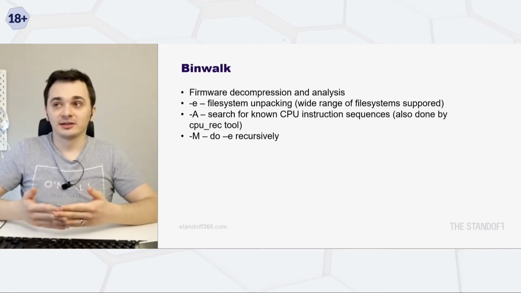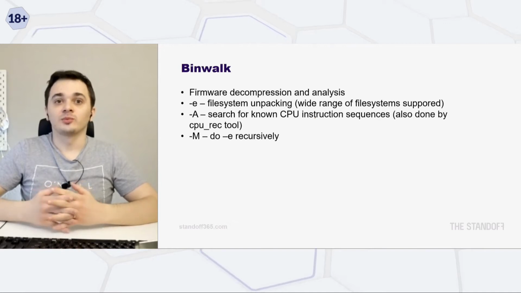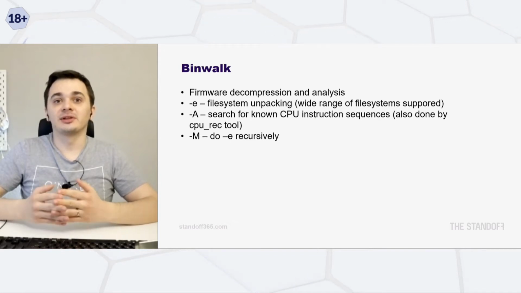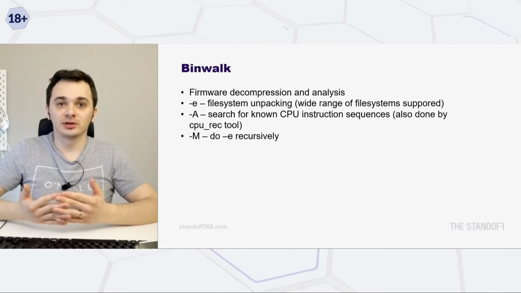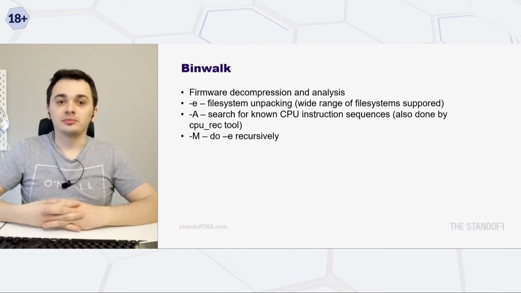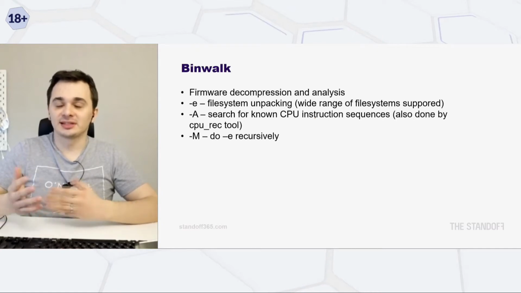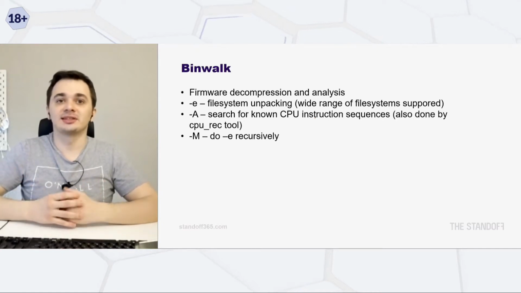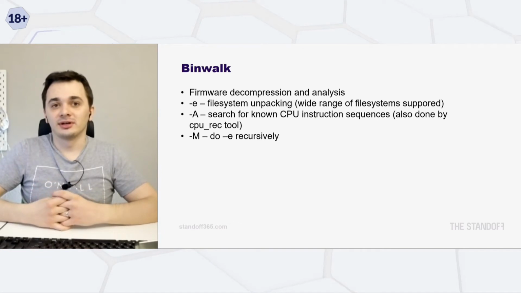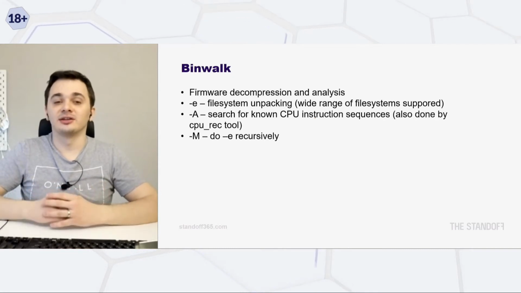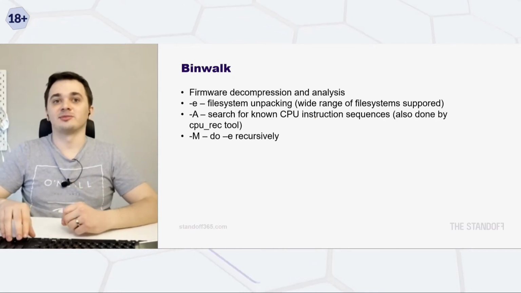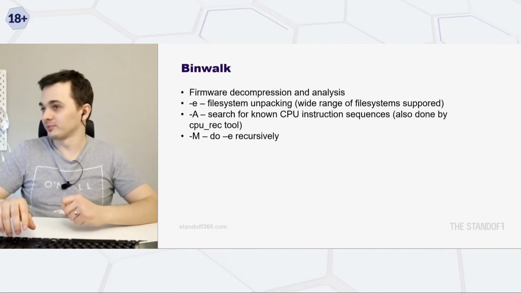With this flag, the Binwalk utility will search for known CPU instruction sequences. Once such sequences are found, Binwalk will compare it to the list of instruction sequences it knows, and this should tell us the CPU architecture.